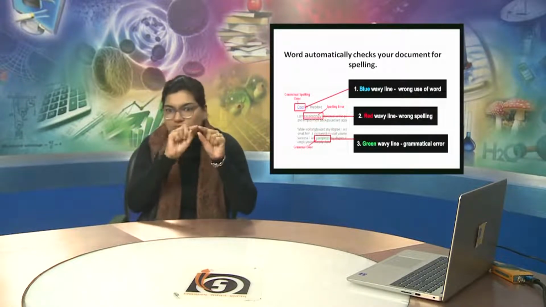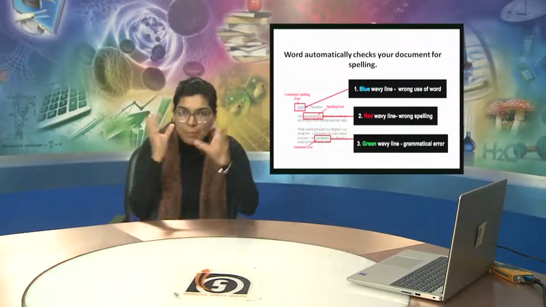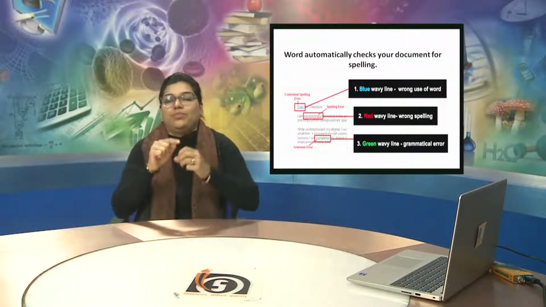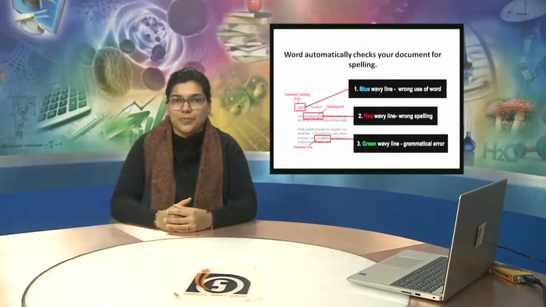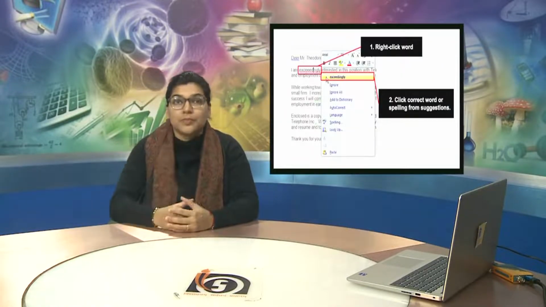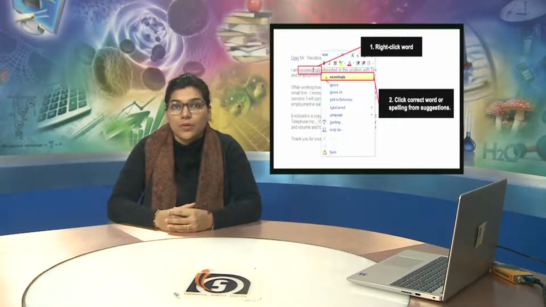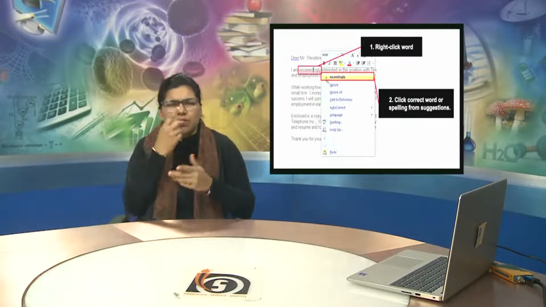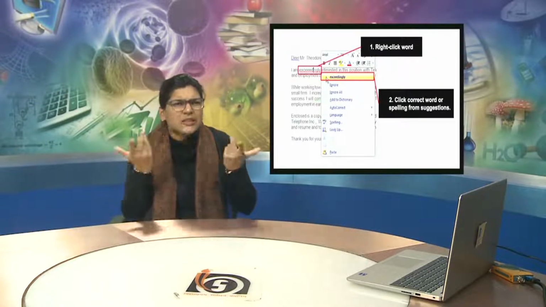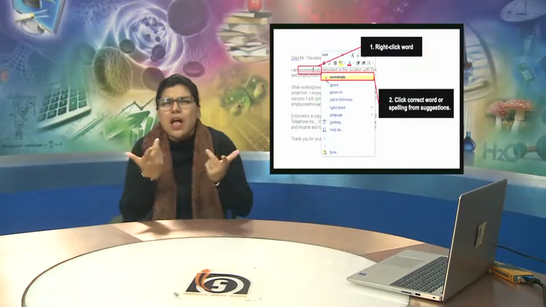And in the third part, green wavy line shows grammatical error. Whenever there is a grammatical error, it will be shown by the green wavy line. How can you solve the red wavy line?